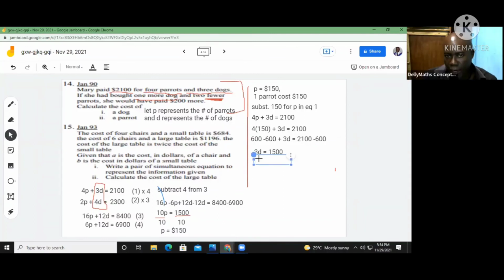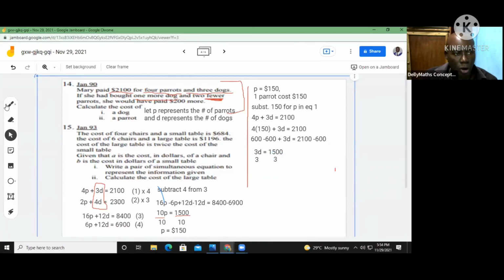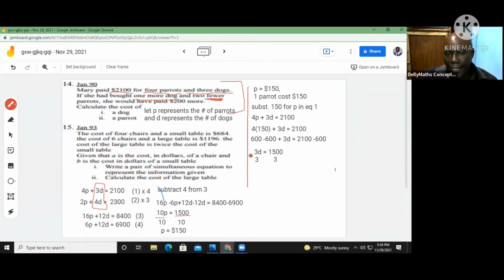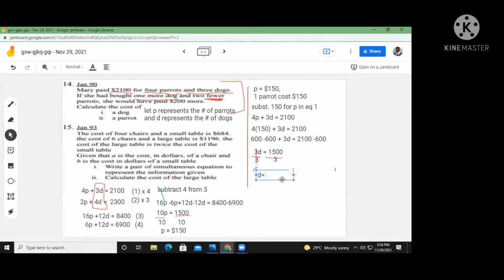500 apiece. Thank you. So you see, even when we're doing the worded problems, it is still not a biggie. All we have to do is sit down and represent our ideas. So that cancels that, and we're saying that D is equal to $500.